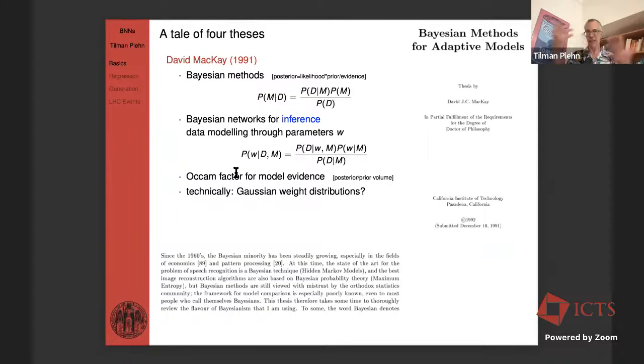And the technical or conceptual things that he had to deal with at the time are really not very related to what we're doing nowadays with Bayesian networks, as you see in a second. But he really wrote down the architecture, the whole idea that, you see, this is a probability distribution of weights given whatever input you have. And this is going to come back.